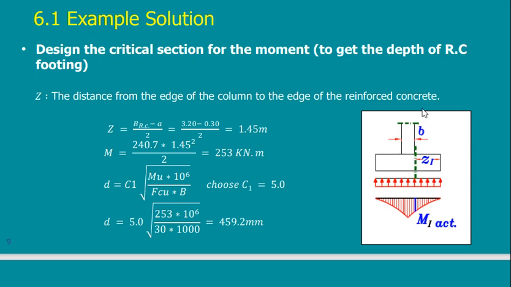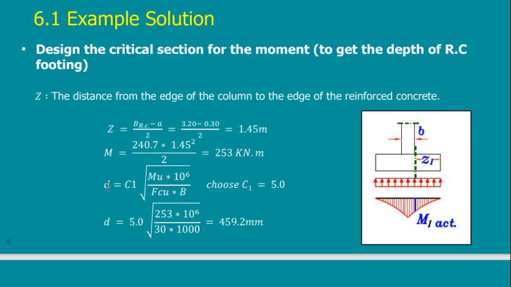Just the length of this cantilever, half the length of the footing minus half the length of the column. It will give you this Z. Then I calculate the moment, W L squared divided by 2.